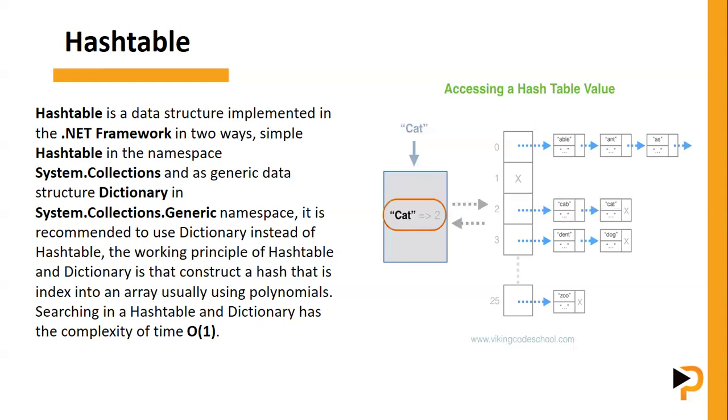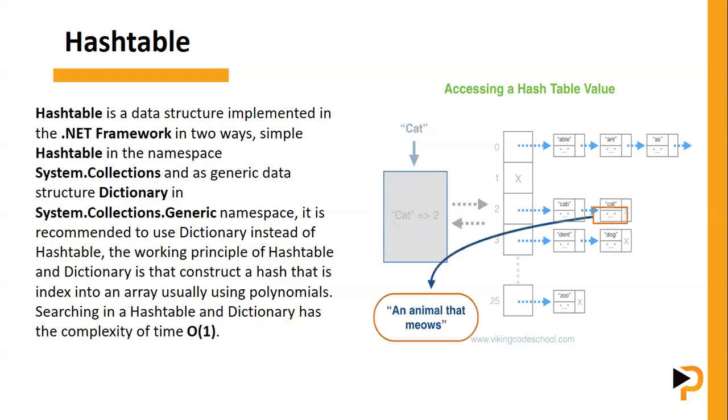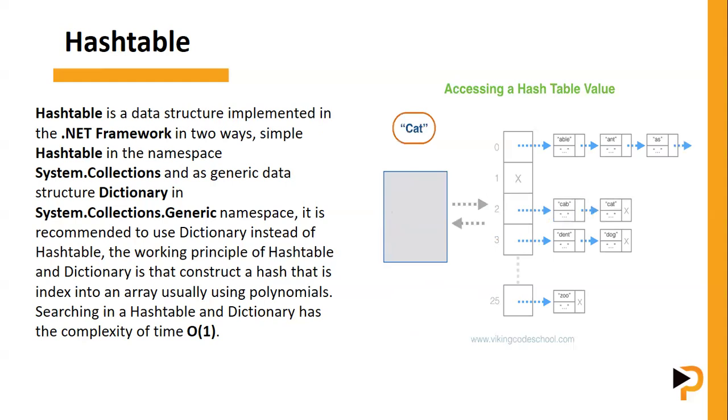So we are passing that cat key to the hash function. The hash function accepts that input and the output is 2. Then it goes to the related location and finds the data.